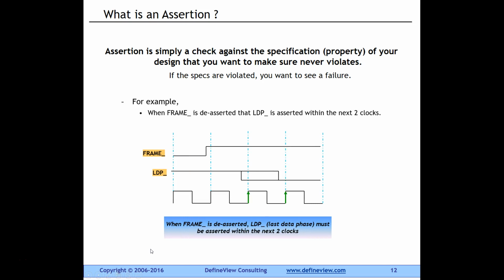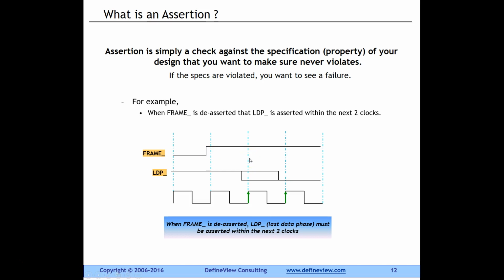So let's take a very simple example, which will be much easier to grasp the concepts with. Let's say a frame is deasserted, meaning it goes high, it's an active low signal, then the last data phase is asserted, meaning it goes low, within 2 clocks. So here's clock number 1, when the frame is detected to go high.